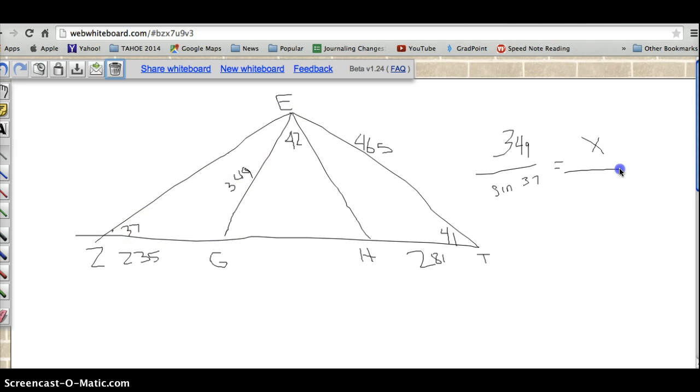And over the corresponding side length is, sorry, I did that backwards. 235 goes up here. And we're looking at the sine of X.